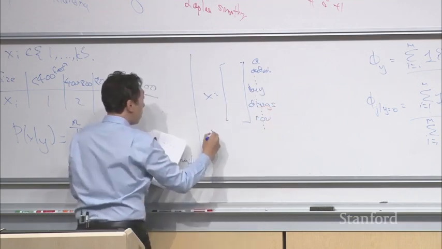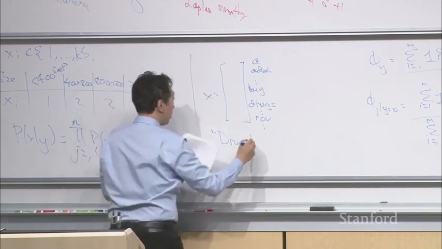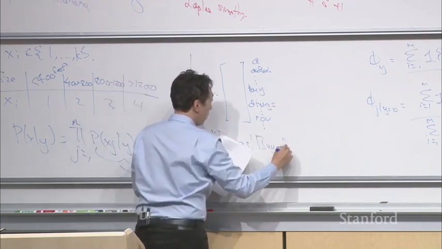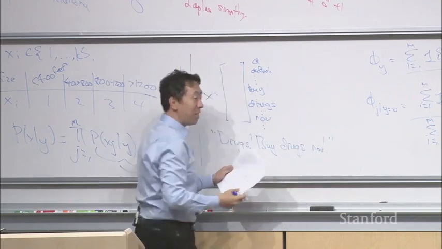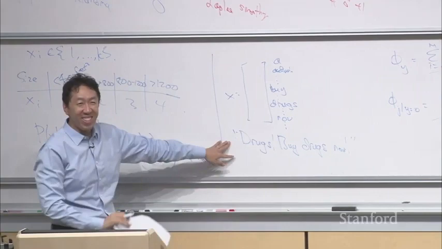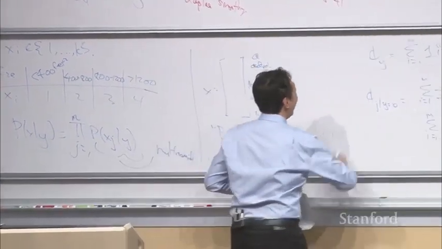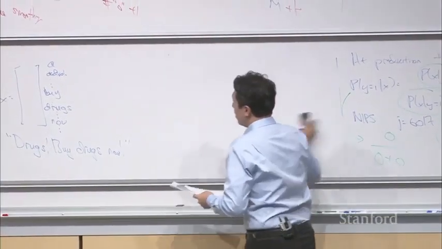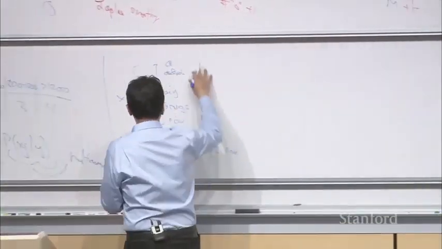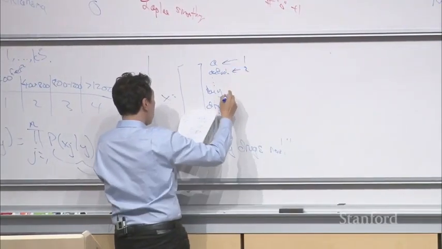So let's say you get an email that's a very spammy email that says, drugs, buy drugs now. This is meant as an illustrative example. I'm not telling any of you to buy drugs. So if you have a dictionary of 10,000 words, then let's say a is word 1, advocate is word 2.